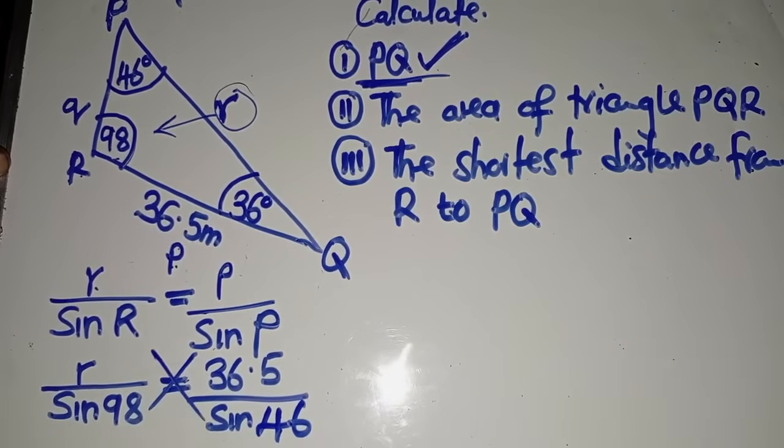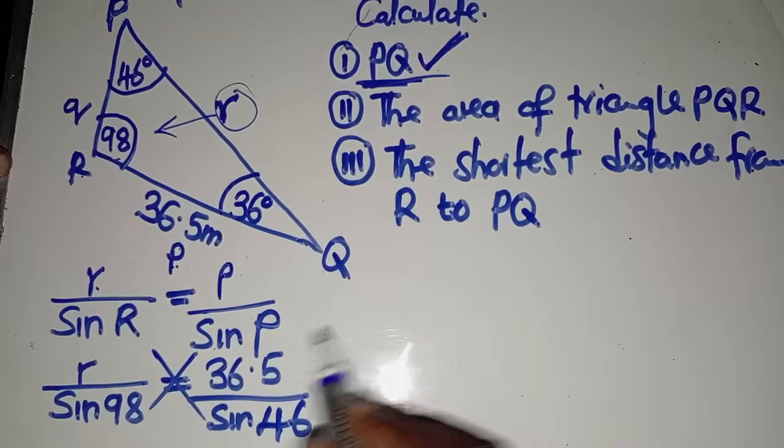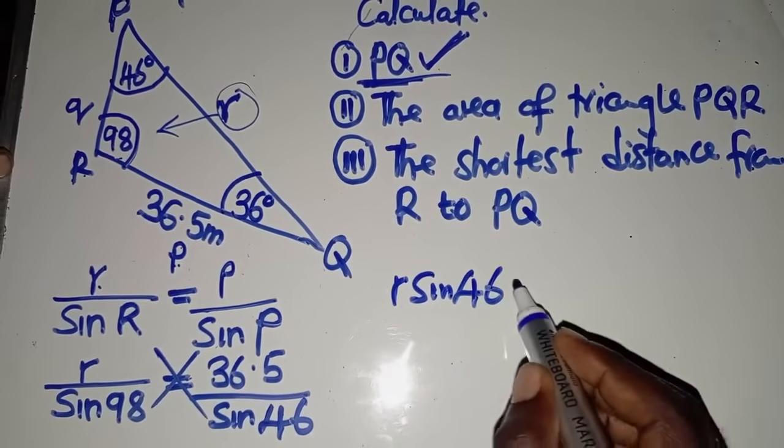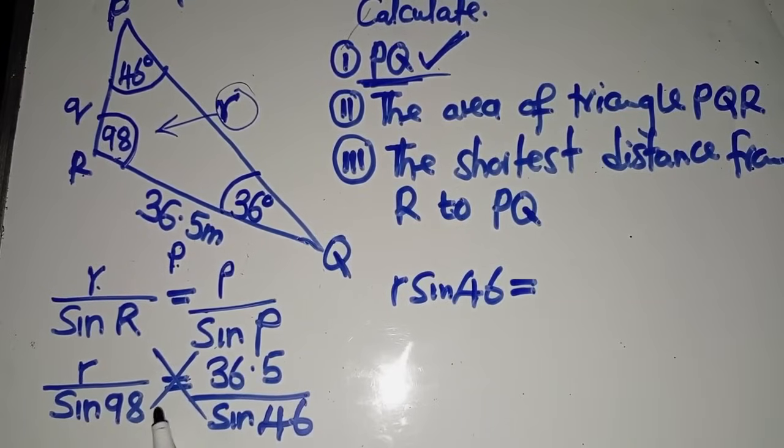From here, I need to cross multiply. So I'm going to have R sine 46, which is equal to 36.5 times sine 98. So I cross multiply sine 98.